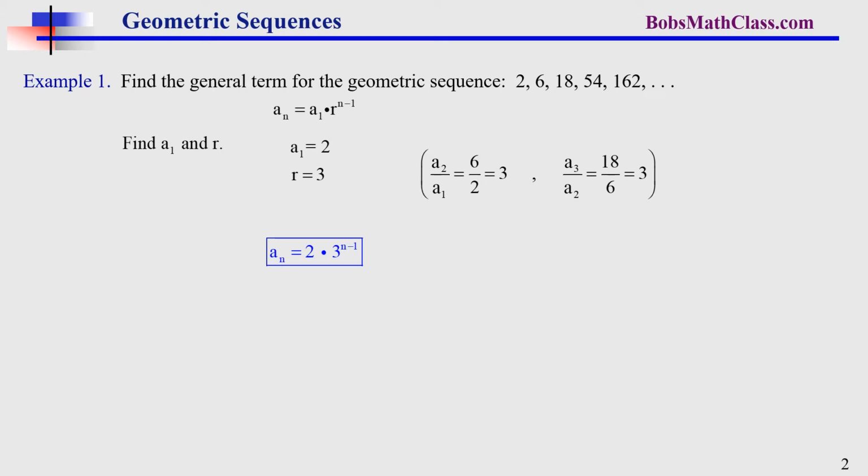If they were the same base, then we could use our rules for exponents and add the exponents. That'll come up on our next couple of examples. But that's it. Replace the a1 with 2 and the r with 3, and you're all done.